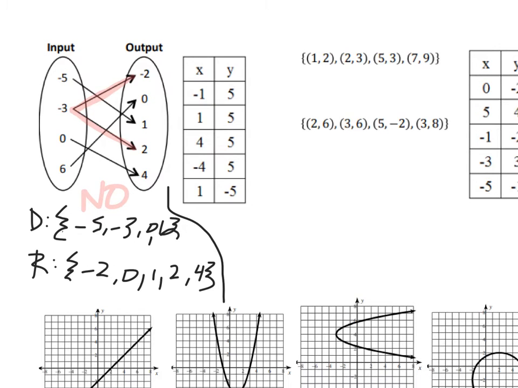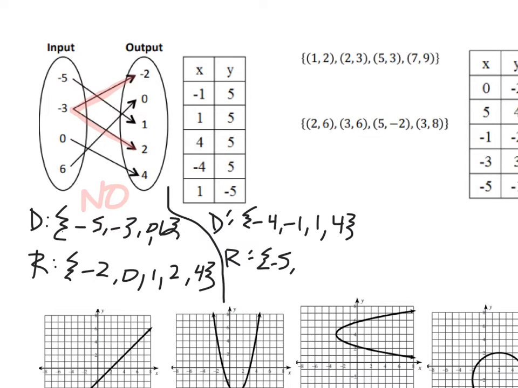Going to the next one with the table, I have my domain. So I need it in order from least to greatest. So -4, -1, 1, and 4. And then my range is 5 and -5.